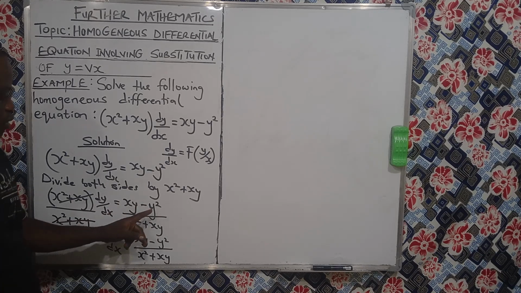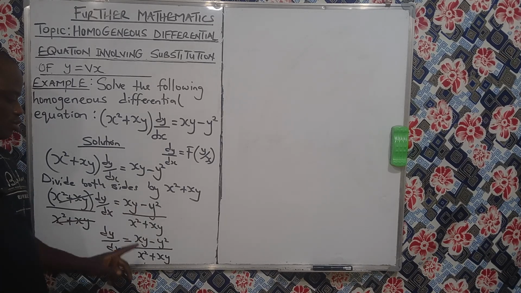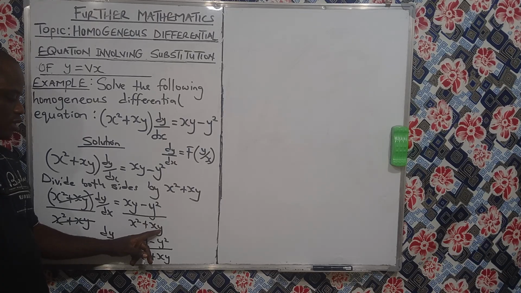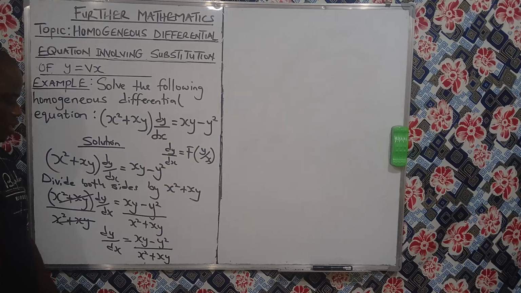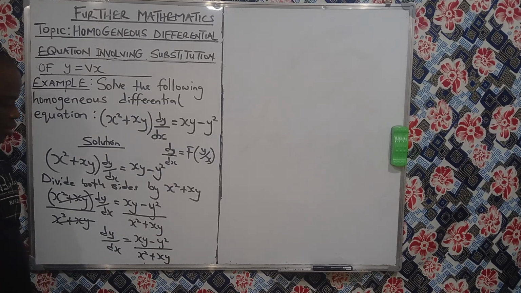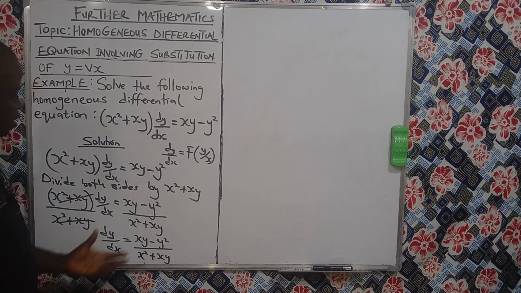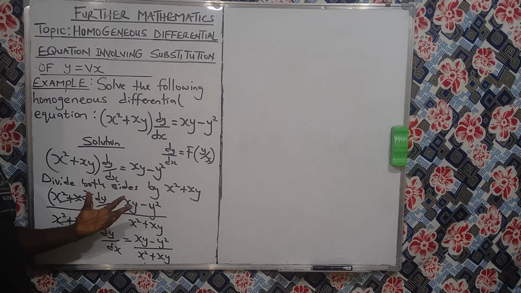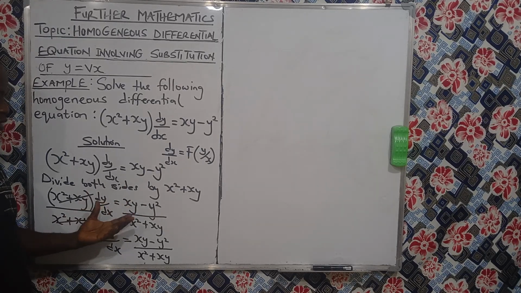Degree 2, y also has degree 2, x has degree 2. You add the two degrees together, you have 2. Okay, it is a homogeneous differential equation, but that is not how to confirm it very well.